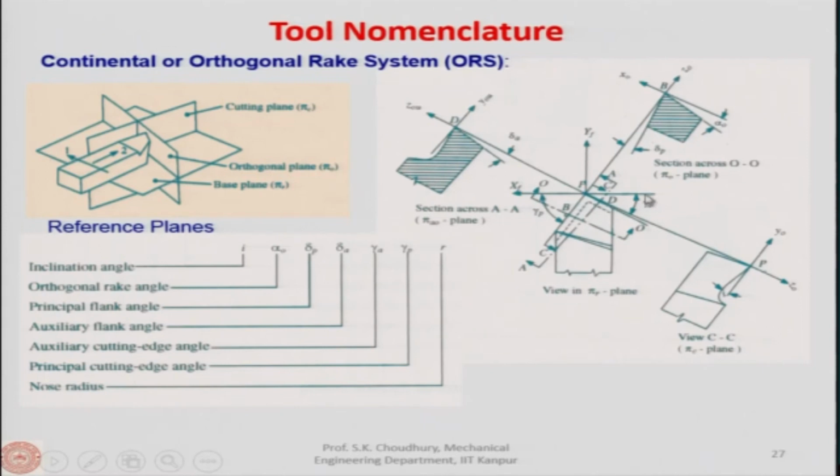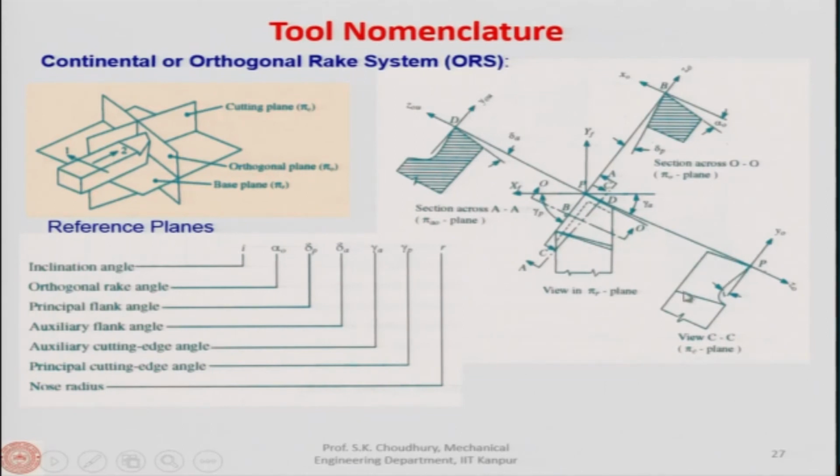Therefore, we said that these are the cutting edge angles. This is the principal cutting edge, this is the auxiliary cutting edge. Now, with respect to this OO, first let us say CC. CC is the plane which contains the cutting edge. So, we will take a view because it is not a section, and the view will not be hatched.